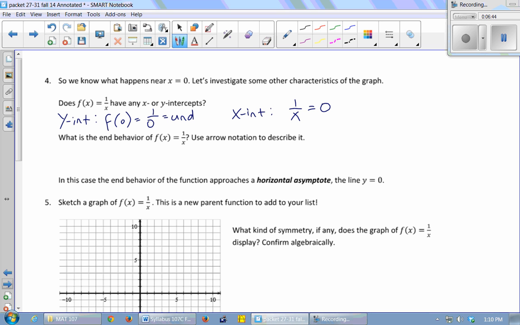You can't divide by 0. 1 divided by 0 means nothing. No. The only time a fraction can be 0 is if the numerator is 0. And this numerator is always 1. You could also say, well, if I multiply both sides of this equation by x, I get 1 equals 0, which is impossible, right? So this is none. No x-intercepts, no y-intercepts.